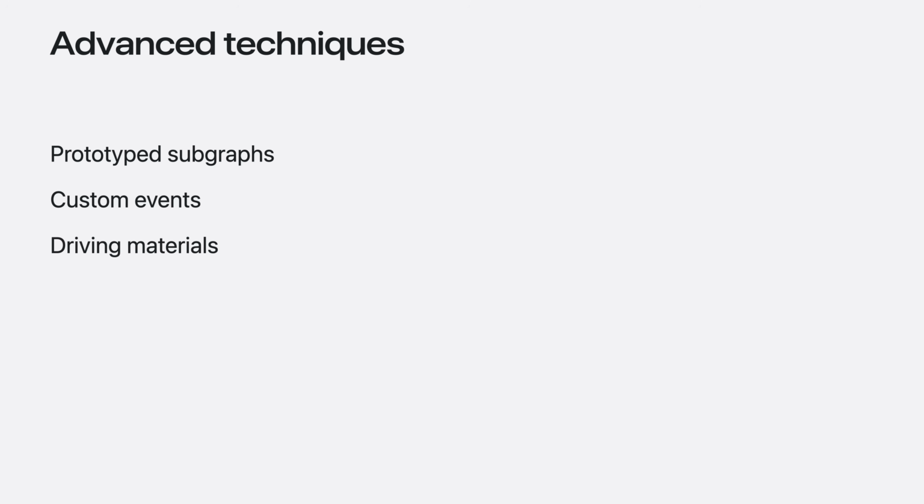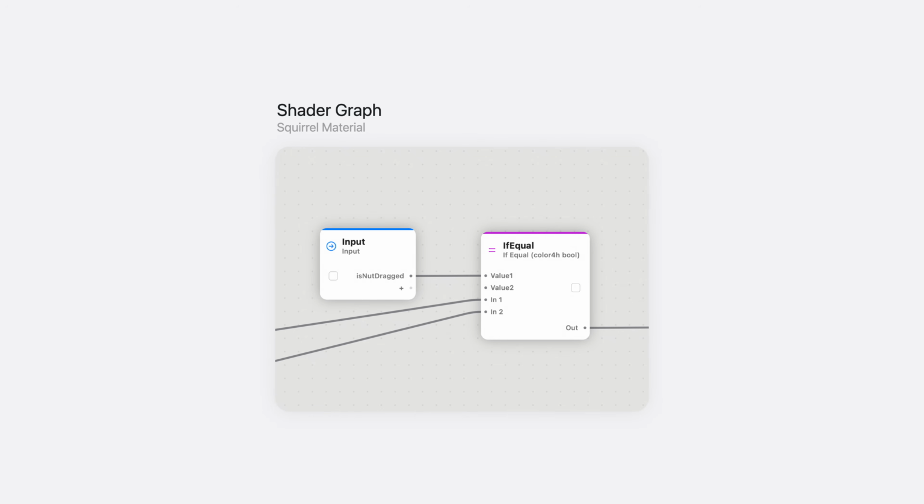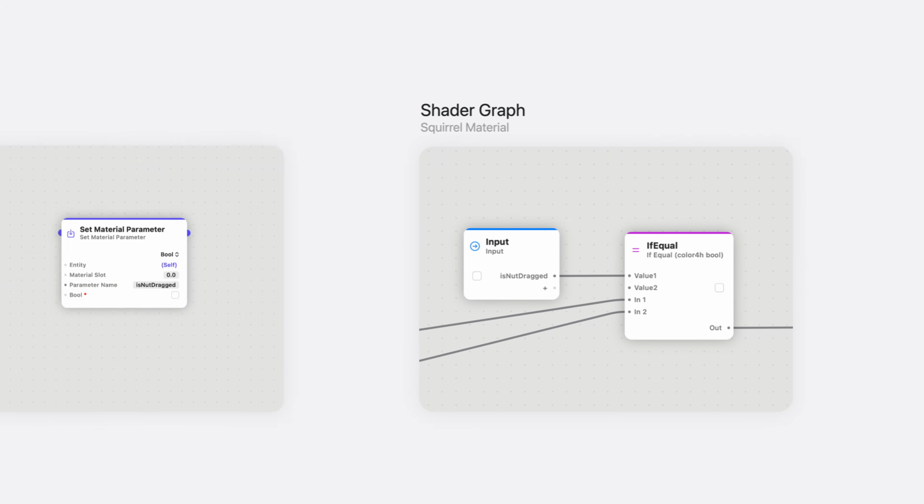It was an easy addition, where I drive a change in the squirrel's material from my script graph. In the shader graph of my squirrel's material, I use a public input variable I called isNotDragged. And I use it to decide which one of my two squirrel textures to use in the material.